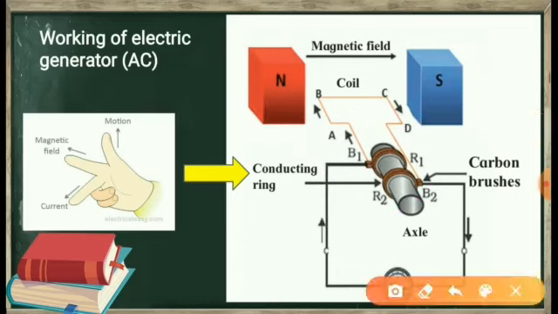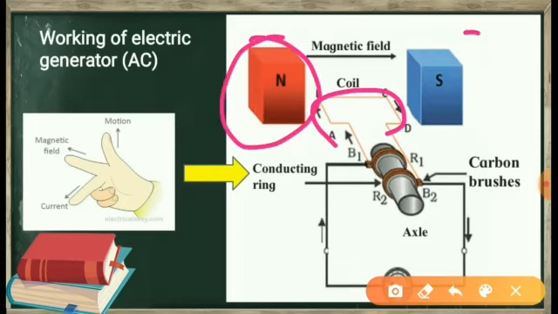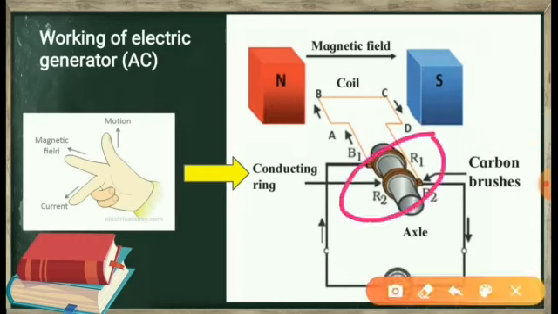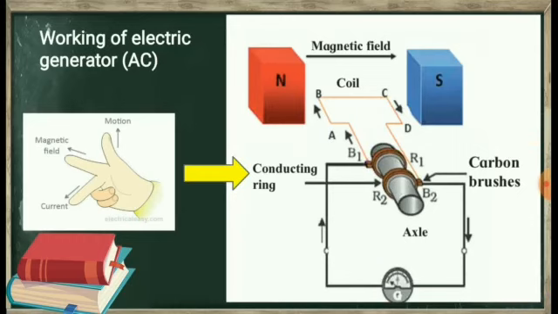The copper wire coil ABCD is kept between the two pole pieces of a magnet. Both ends of the coil are connected to the conducting rings R1 and R2 via carbon brushes.